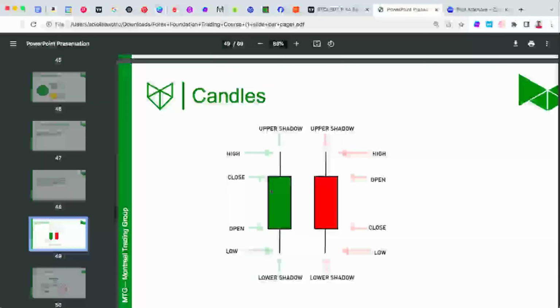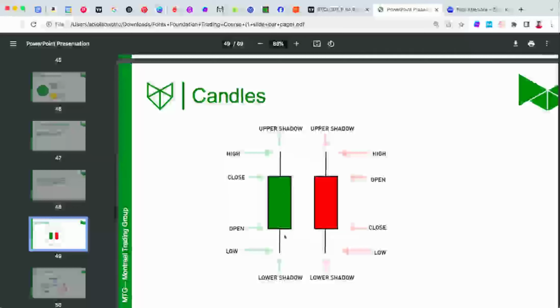So, like I was saying, this is a Japanese candlestick, and we have different types of charts. When you see this type of candlestick on our charts, you should know that this is a Japanese chart. We also have a line chart, and here you can see these candlesticks which are representing price.